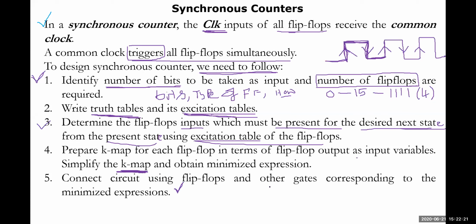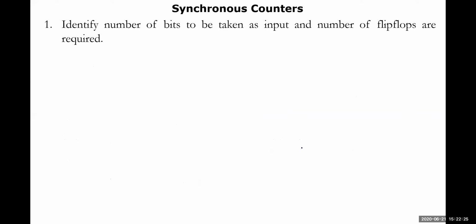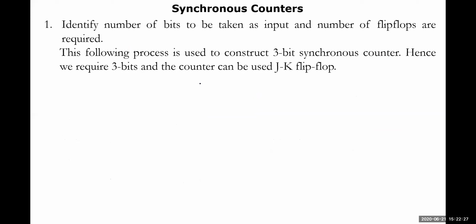So let us go ahead with the first step. Step number one is to identify the counter. Here we are specifying a JK 3-bit synchronous counter, because a 3-bit synchronous counter will involve 6 different K-map simplifications. So let us discuss only 3 bits at this moment.